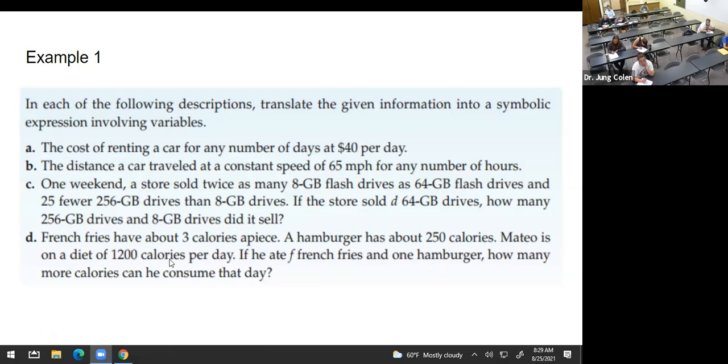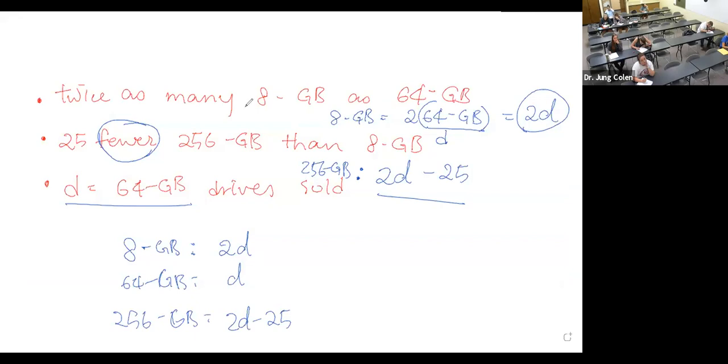The other way around, because 1,200 calories is what he wants to consume, right? So from there you can take away, well, 1 fry, 2 fries, 3 fries, calories, and hamburger, right? So from 1,200 calories you can take away 250 and take away 3 times the number of fries. So if I write it down here, it's gonna look like this. 1,200 calories is the total calorie he wants to consume.